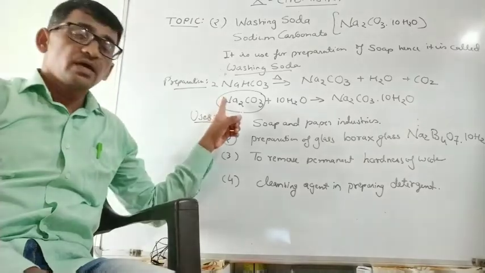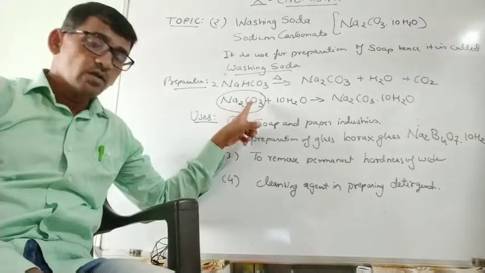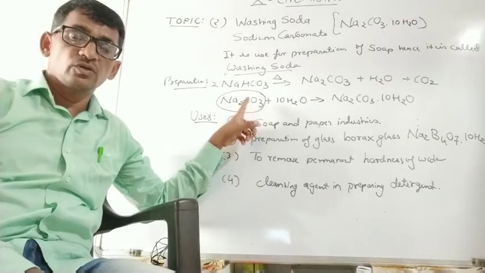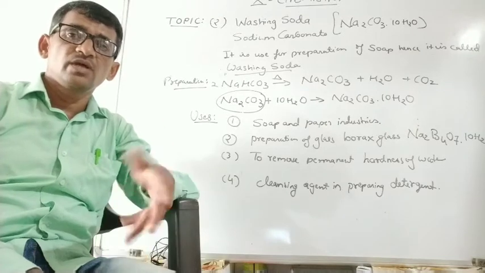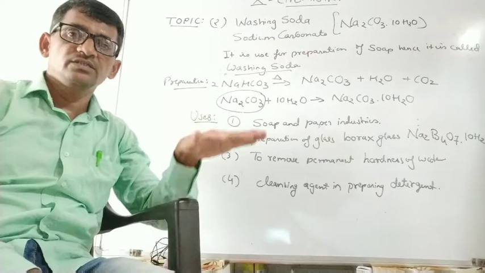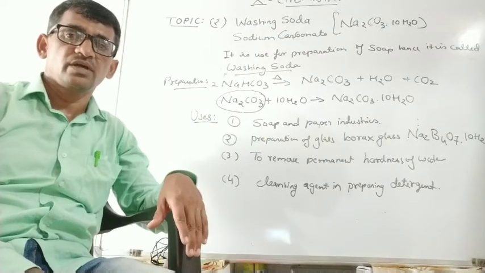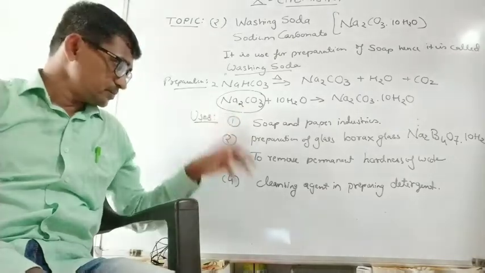In that hard water you add Na2CO3. Then the carbonate of this Na2CO3 will react with calcium and magnesium of hard water and form calcium and magnesium carbonate. The salt will form and settle down. So calcium and magnesium can be removed from hard water by adding this Na2CO3.